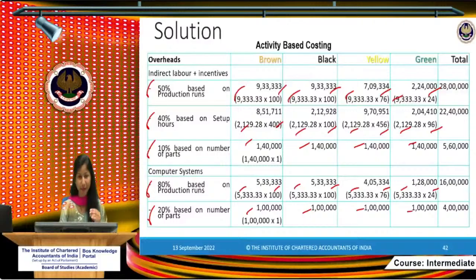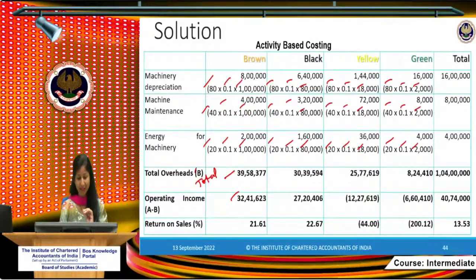The main point for calculation was in this portion: machine depreciation, maintenance, and energy. Rate was 80, 40, 20. The machine hours taken per unit was 0.1 for each and every product. So we have put over here 0.1, 0.1, 0.1. Then we have multiplied it by the number of units, because the information given was per unit.